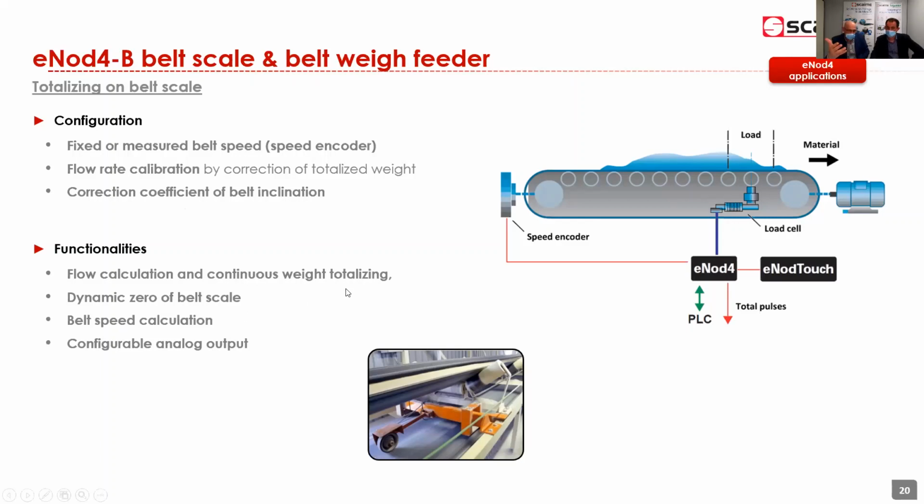we have some other very interesting functionalities like dynamic zero of belt scales. Belt speed calculation is mandatory to calculate the flow, and we could provide an optional configurable analog output with a flow of the load of the belt.